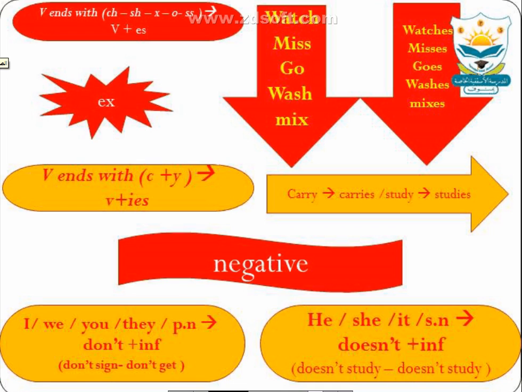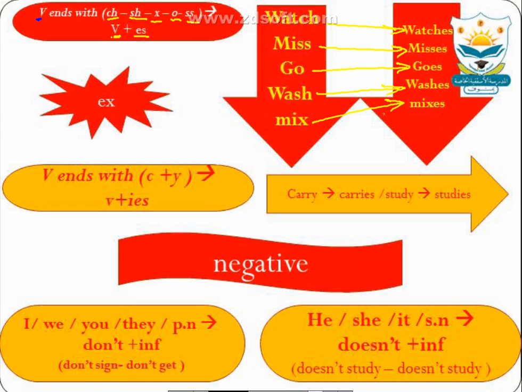Now, if the verb ends with ch, sh, x, o, ss, we add es to the verb. For example, watch, watches, miss, misses, go, goes, wash, washes, mix, mixes.